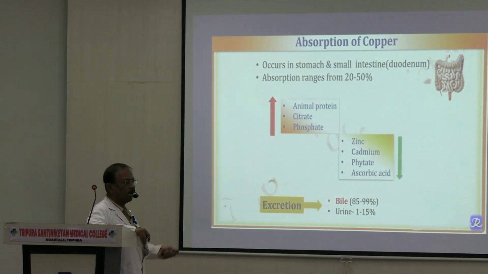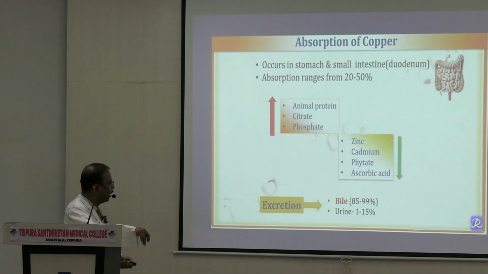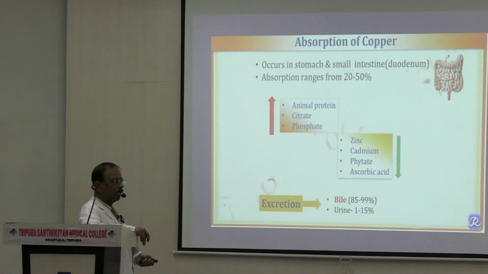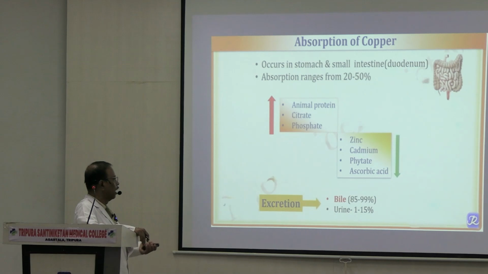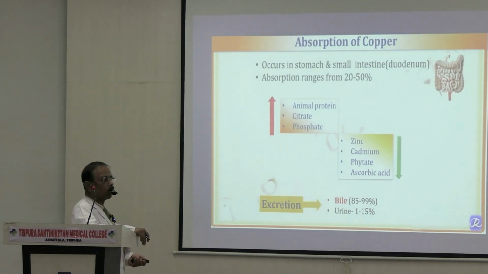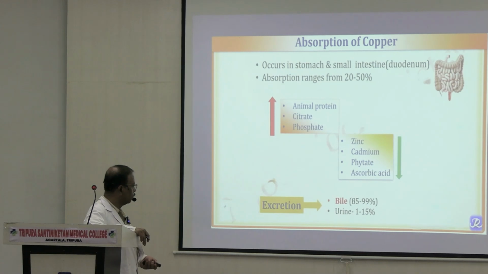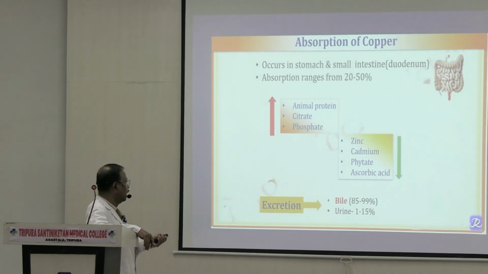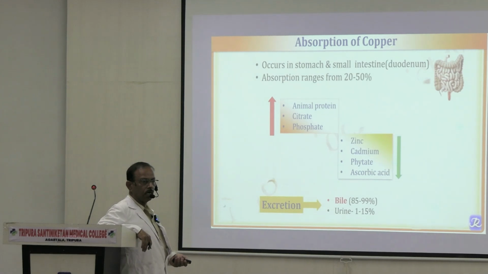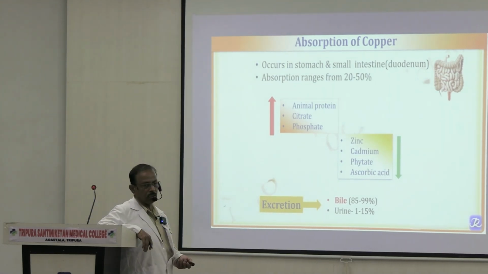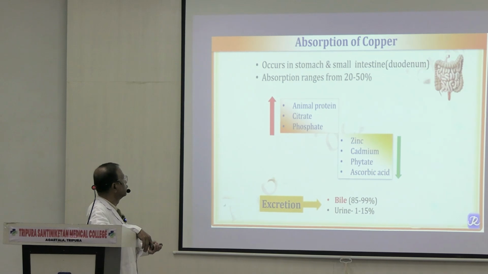Zinc, cadmium, phytate, ascorbic acid hamper copper absorption. Excretion of copper is mainly through bile. 85 to 99% of the copper is excreted in the bile, and a small portion is excreted in the urine, 1 to 15%.